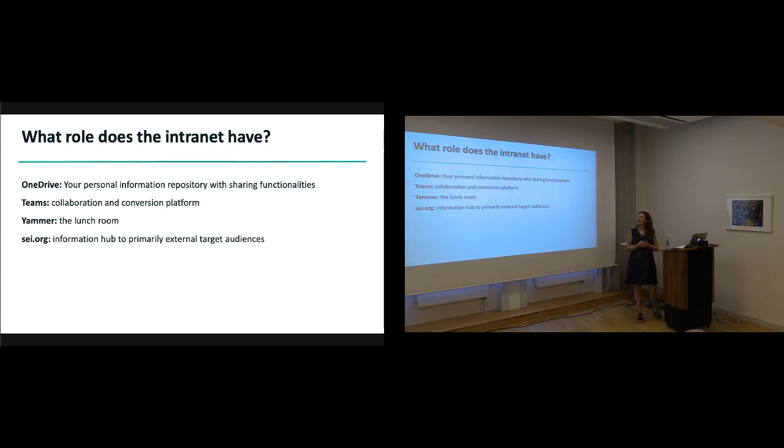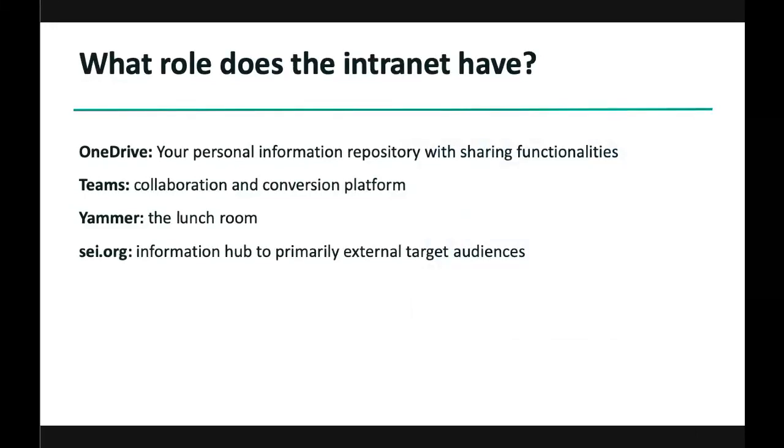Then we have, of course, our external website. And the external website is primarily targeting external audiences. And of course, our information hub. So, coming to the intranet. The intranet is an information hub for us as employees. So it's an internal place for us to share information.